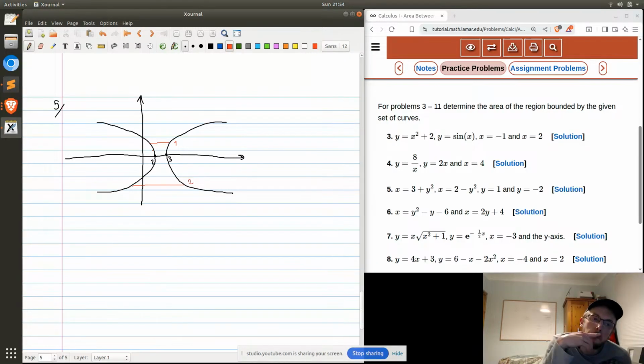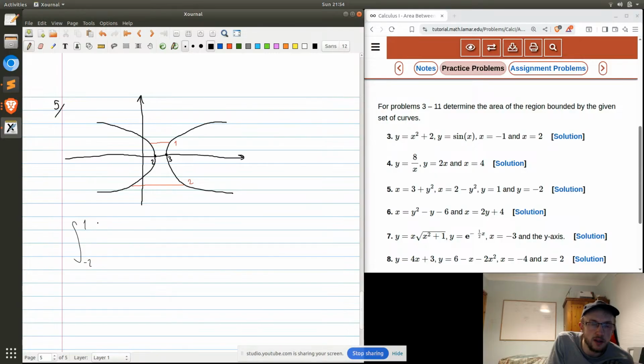Now, because they don't intersect, it was agreed that the more efficient way to do this is to simply subtract the functions one from the other. Right? So, let's see. We're just going to do it.